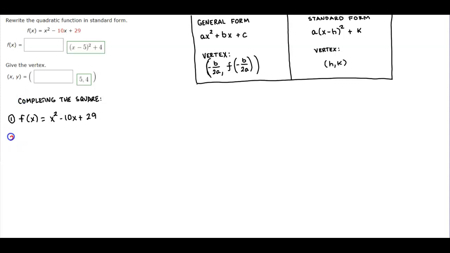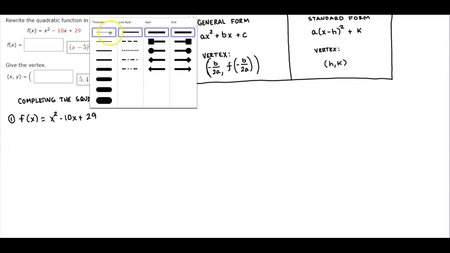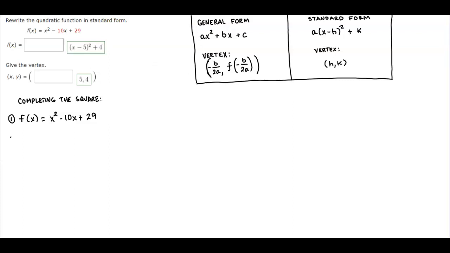Now in the second step, we're going to factor out a 1 on the right side of the function. And we have x squared minus 10x, and then we're going to add an n and then subtract an n.